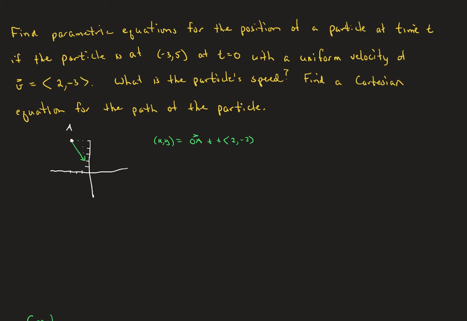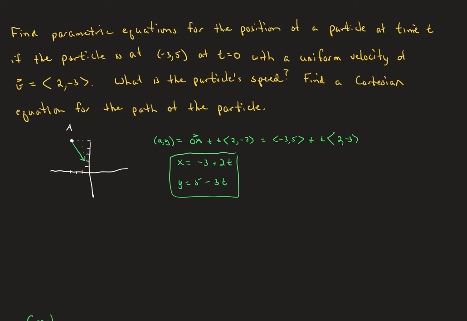From that, we can see that OA is our -3, 5. I'm going to keep that in vector form for now. And then t times that 2, -3. So in parametrics, x is -3 plus 2t, and y will be 5 minus 3t. So there are our parametric equations.